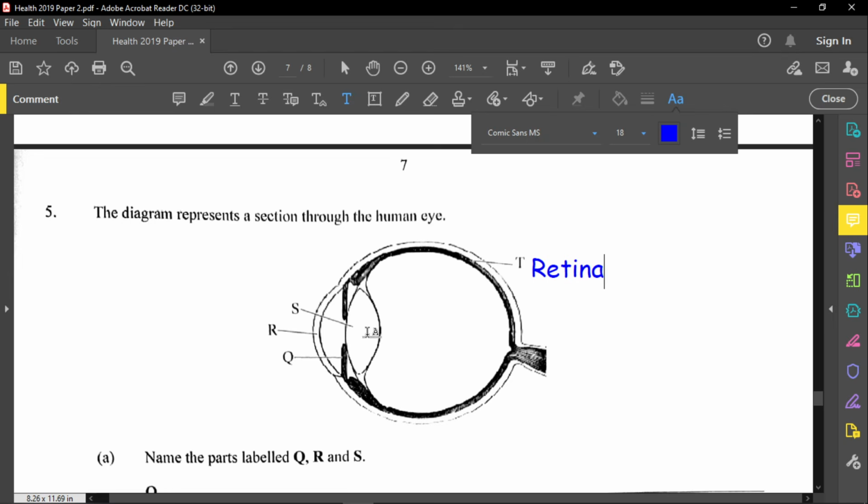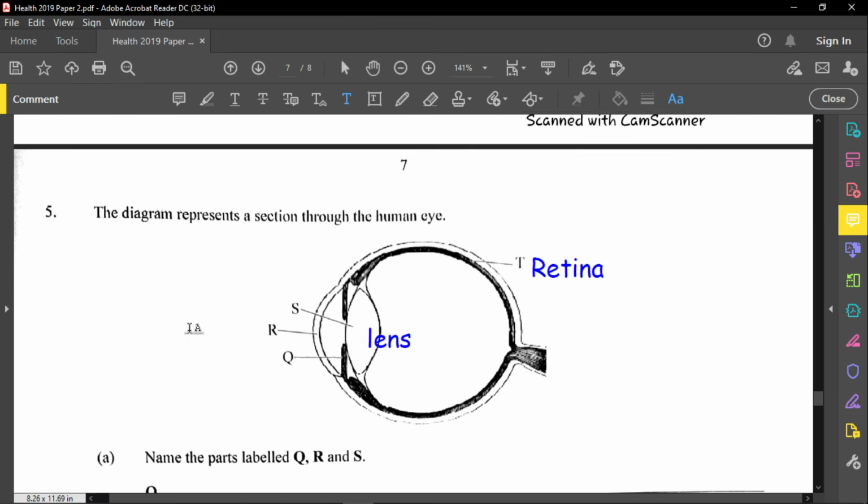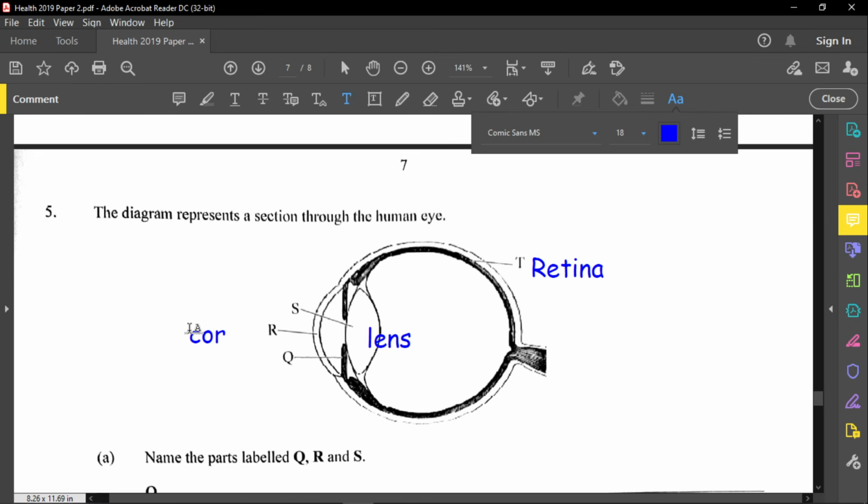All right, let me label it on this side just for space purpose. So S is the lens and R is the cornea. And Q will be the iris. So I'm going to leave it right here. All right, so great. These are the structures shown.